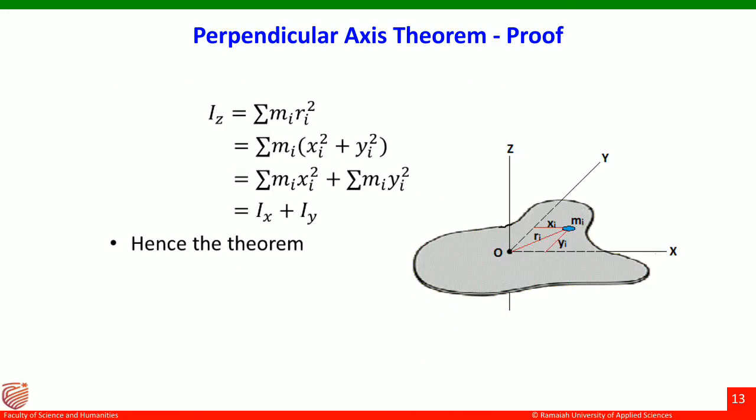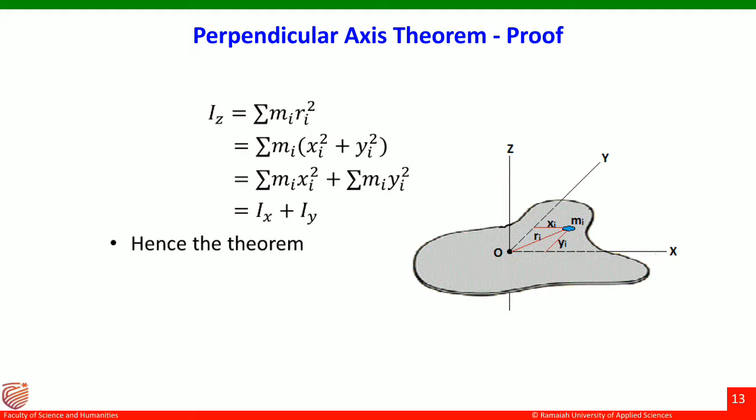Let us look at the same blue spot in the given figure, where the particle of mass mi is identified, and let us write the formula for the moment of inertia of this entire body which is rotating about the z-axis. Therefore, Iz can be written as summation of mi Ri square, as given there.